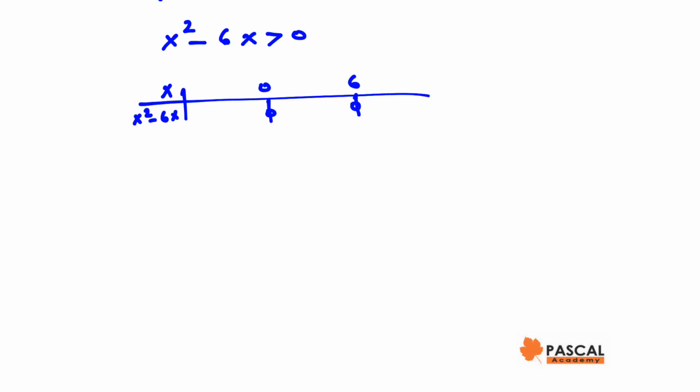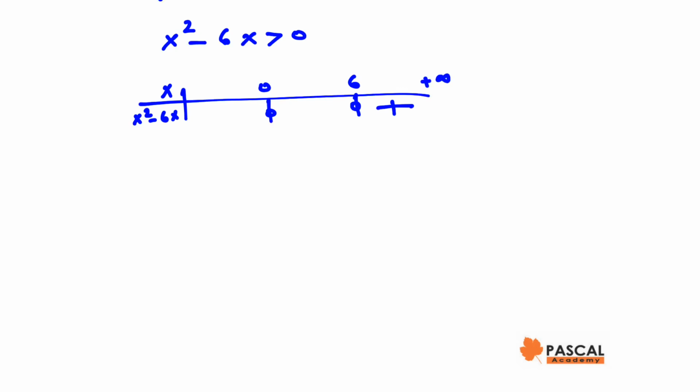This way we partitioned the real line into 3 parts: less than 0, between 0 and 6, and greater than 6. If we pick any number greater than 6 and plug it in, x2 minus 6x is positive.